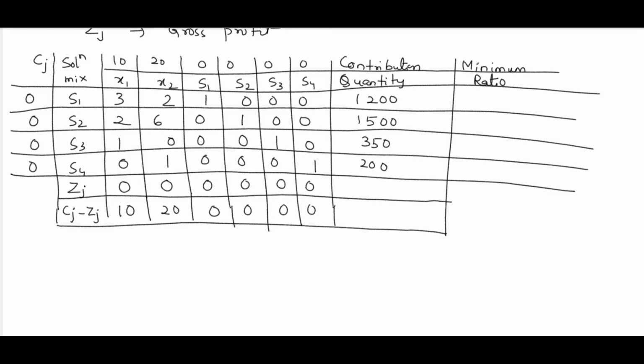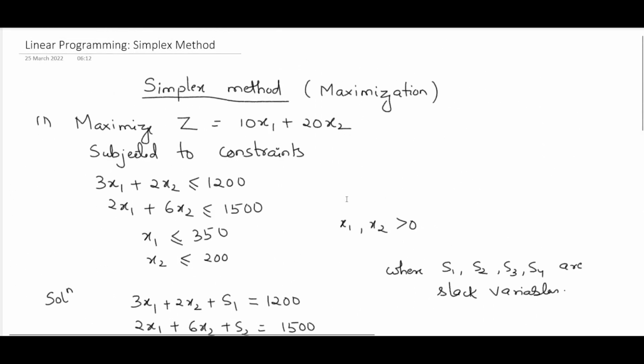So now the rule is that for a maximization problem, the key column is the column with the largest positive value. I'm writing down the rules here. Here you can see the maximum value is 20, so this is the key column.